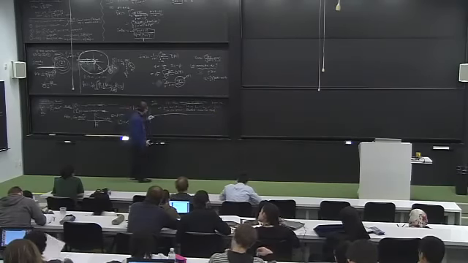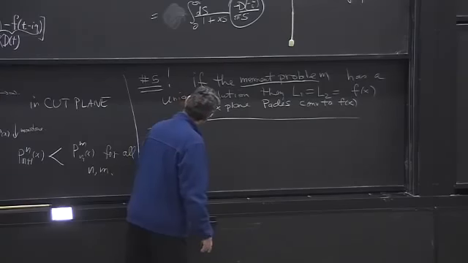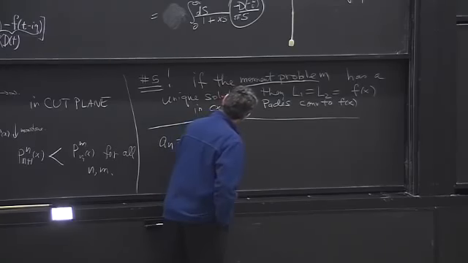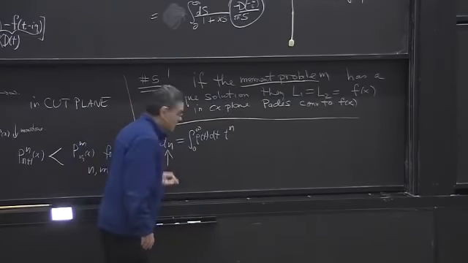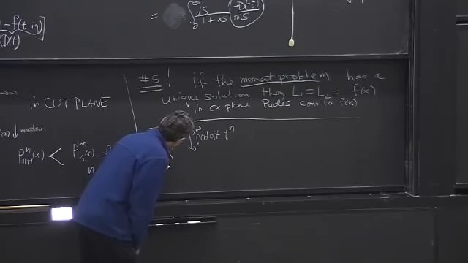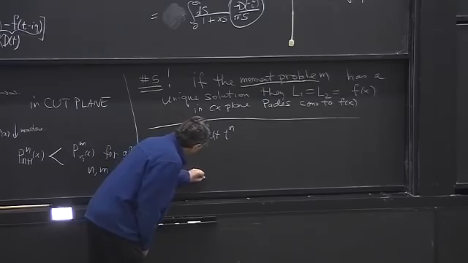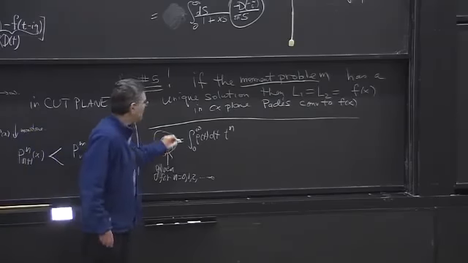The moment problem is you take this system of equations. A sub n is the integral from 0 to infinity, rho of t dt times t to the n. You give me this for n equals 0, 1, 2, all the way up to infinity. Okay? So you give me these numbers.